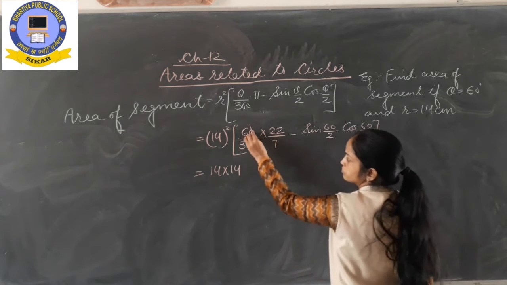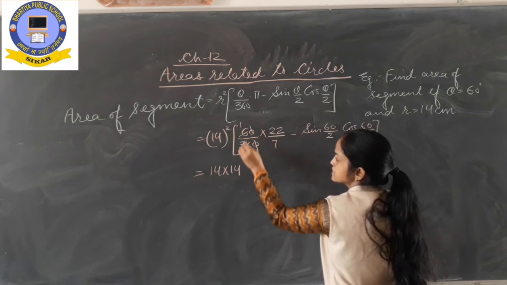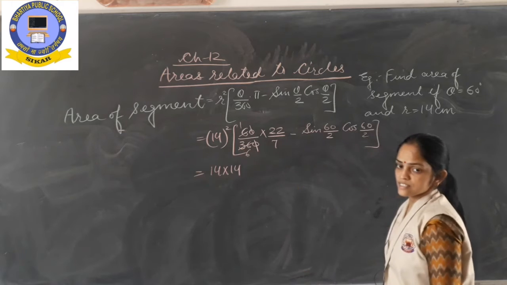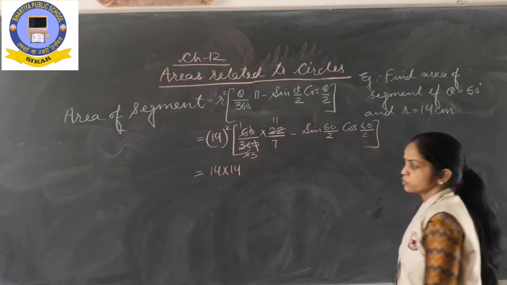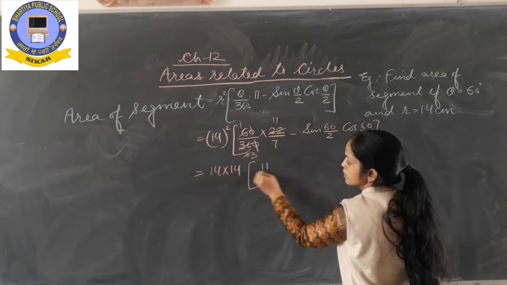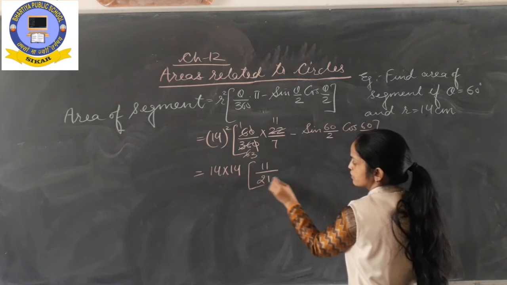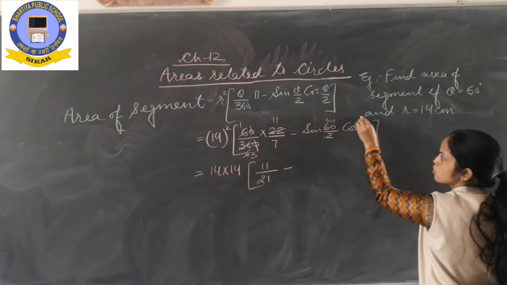Now simplify. 0 will be cancelled out by 0. 6 1s are 6, 6 6s are 36, 2 3s are 6 and 2 11s are 22. So the bracket will remain as it is. 11 multiplied by 1, 11 upon 7 3s are 21, minus, it will be cut out, sin 30, cos 30.